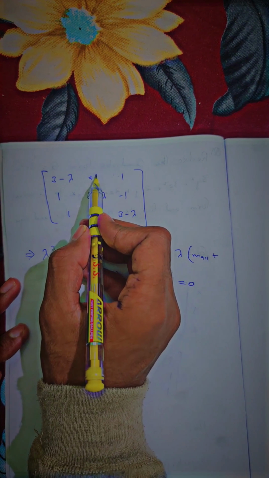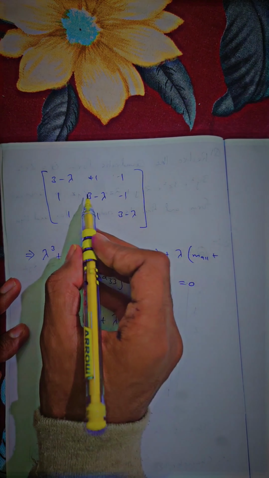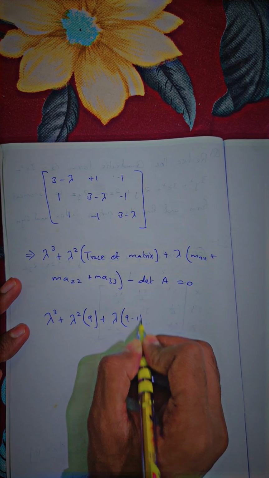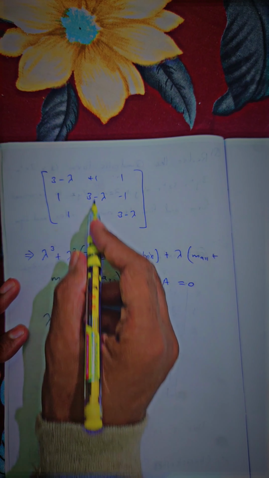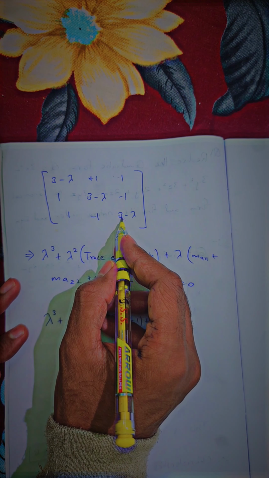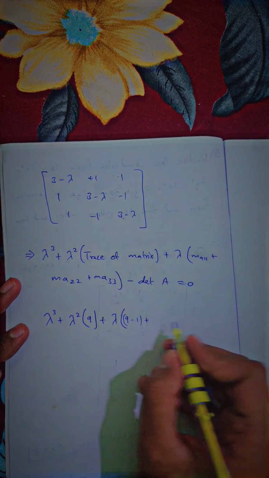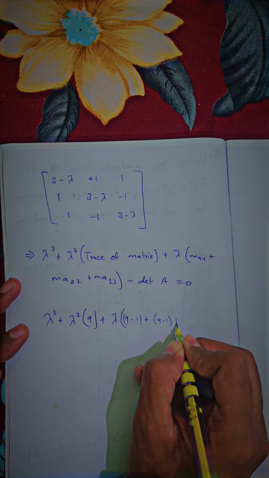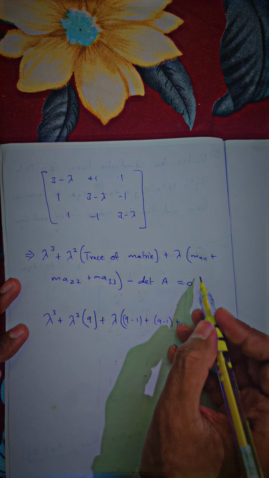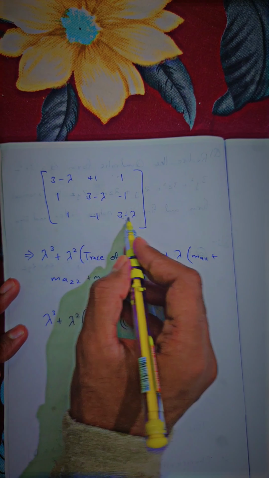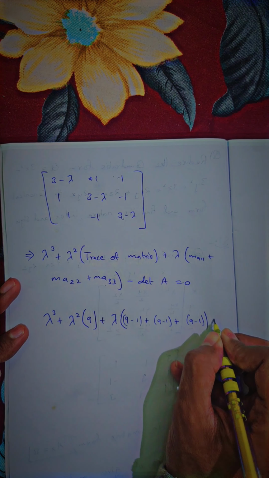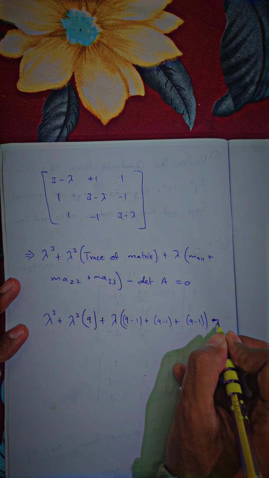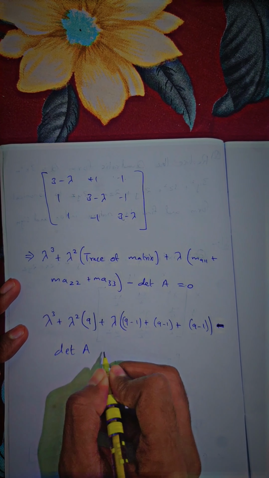For that we need to cancel this row and this column: 3 times 3 is 9 minus 1. Similarly minor of a22 is cancel this row and this column: 3 times 3 is 9, and 1 into 1 is 1, so 9 minus 1, plus similarly minor of a33 means cancelling this row and this column. That means 9 minus 1, minus det a is equal to 0.